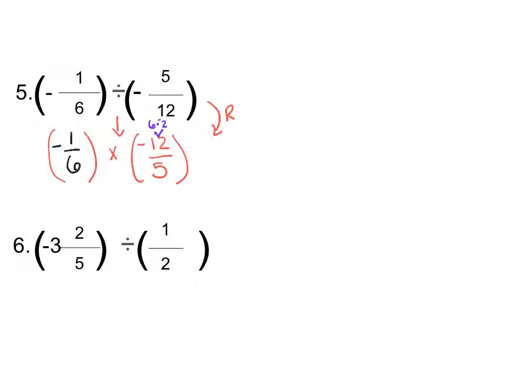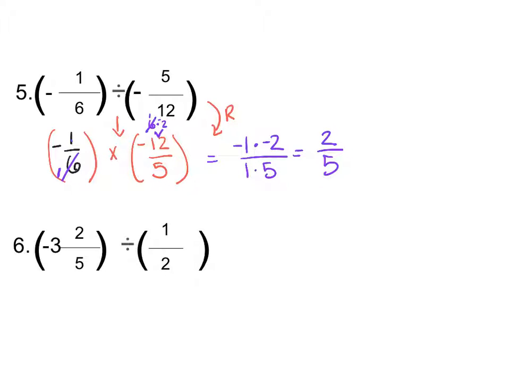Doesn't really matter, or you can say it's times the negative 1. But since I'm getting rid of the 6's, I'm going to cross off the 6, because 6 divided by 6 is 1. Okay? And then I have what on the top? I have a negative 2 times a negative 1. So I'm going to do negative 1 times negative 2 over, and this is 1 times 5. So then a negative times a negative is a positive, so I get 2 over 5.